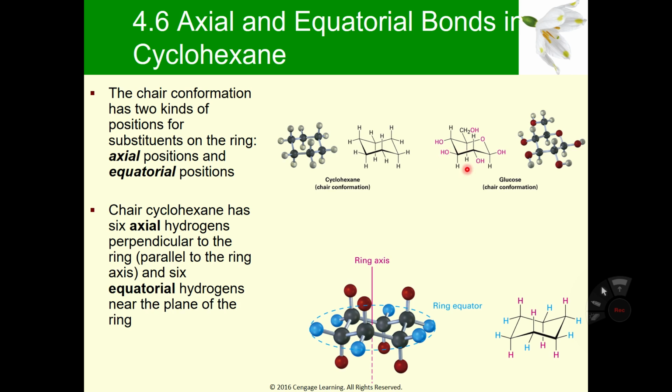If it is in axial position, we have to consider 1,3-diaxial interaction between OH and H. Okay, it makes the molecule unstable, right? And so the molecule always prefers to have OH in an equatorial position in glucose molecules. And this is an example of how we can apply the concept of conformational energy to biomolecules. Okay, that's about it.